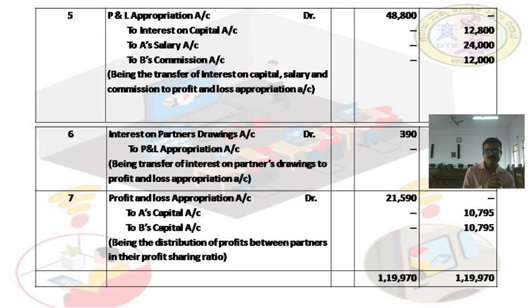So profit will be distributed in the ratio of 1:1.